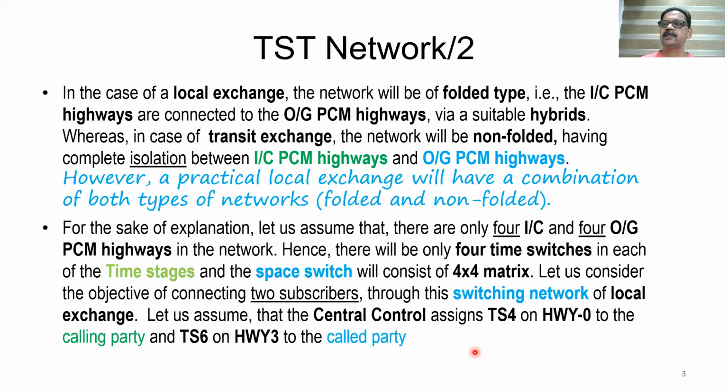Generally we give the numbering from 0 to 3 for 4 highways, that is highway number 0, highway number 1, highway number 2, highway number 3.